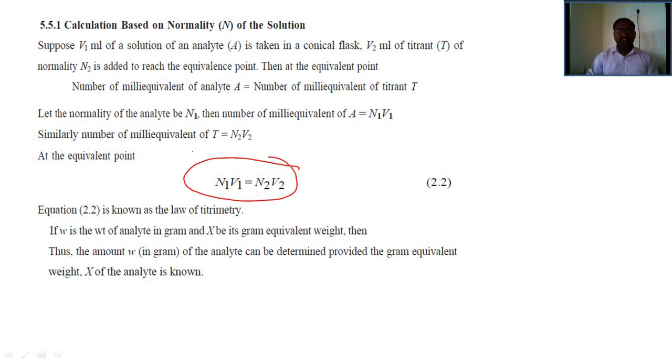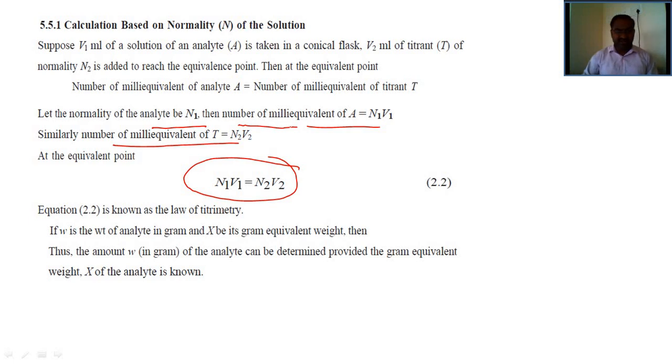The normality equation is nothing but N1V1 equals N2V2. The normality of the analyte is N1, the number of milliequivalents is N1V1. Similarly, milliequivalents of titrant is N2V2.